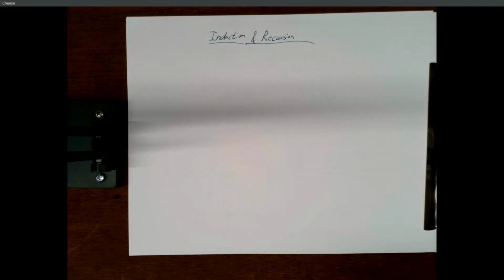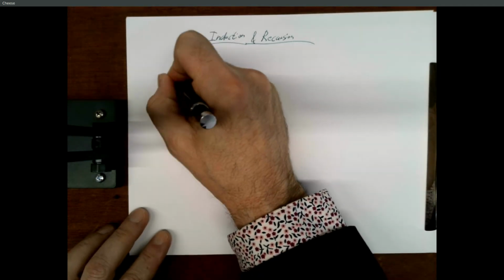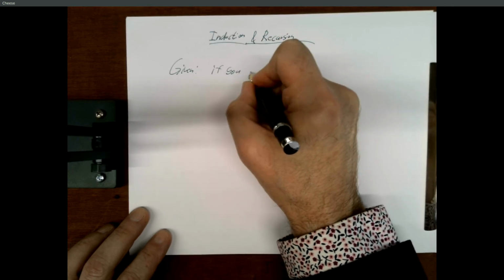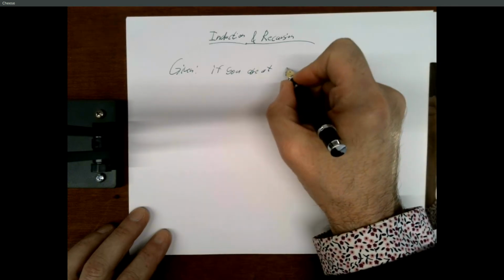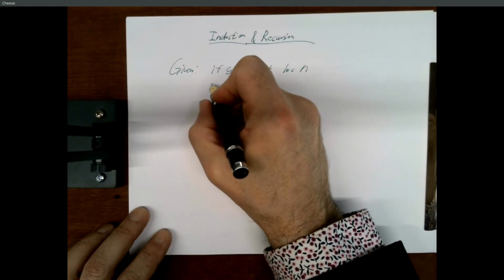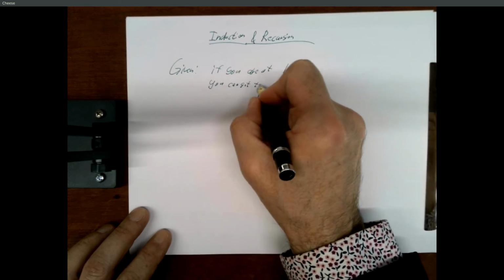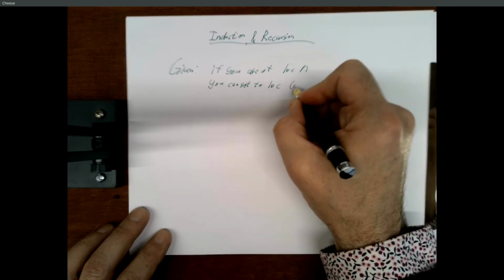So here's what we can do in terms of a proof. Given: if you are at location N, you can get to location N plus 1.